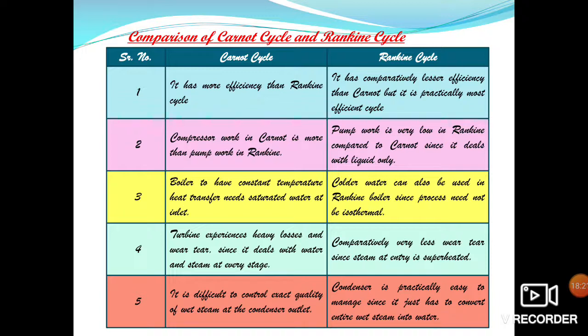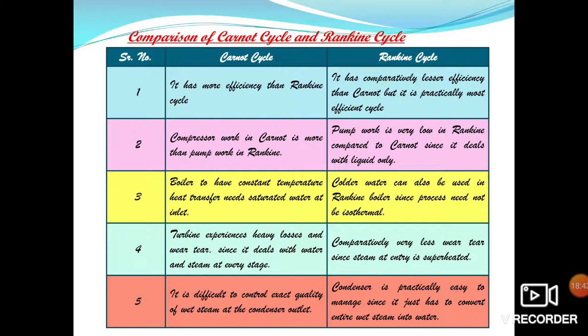And the last, if we see in the Carnot cycle, it is difficult to control exact quality of wet steam at the condenser outlet, whereas in Rankine cycle the condenser is relatively easy to manage, since it just has to convert entire wet steam into water.